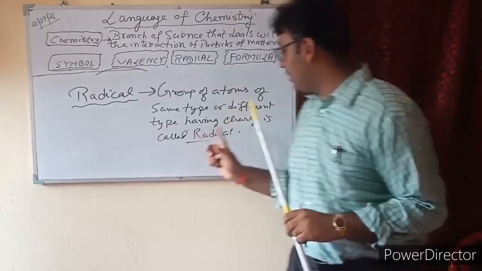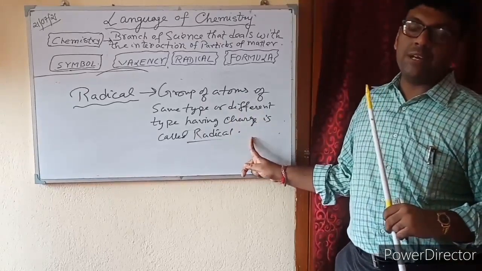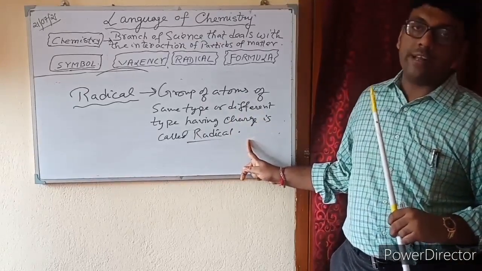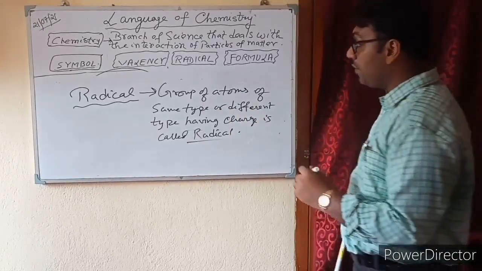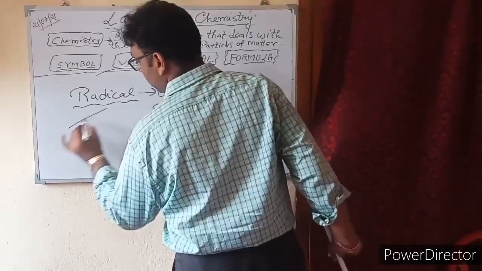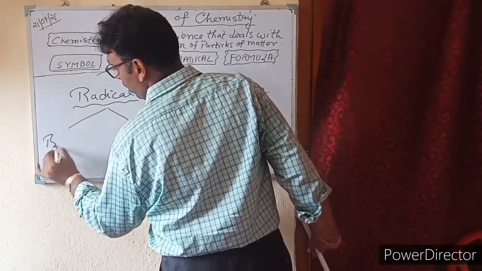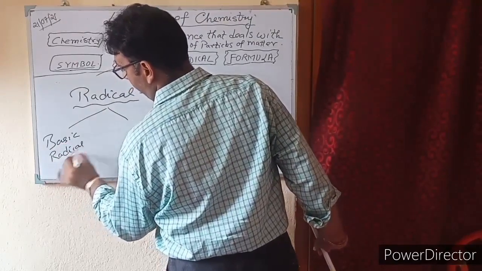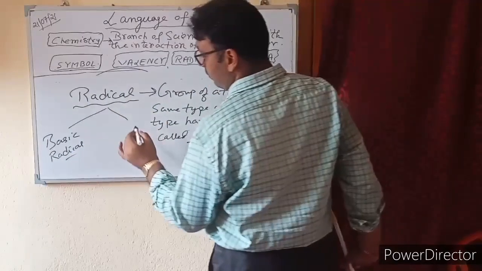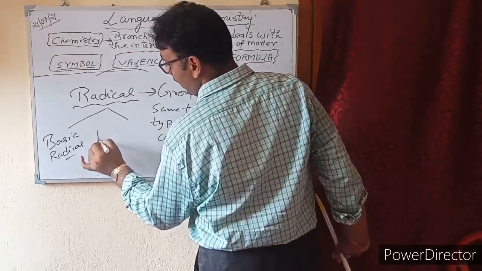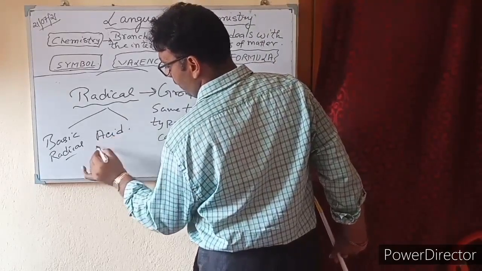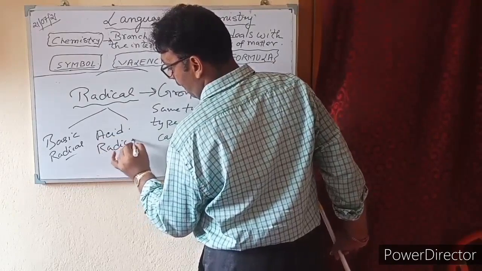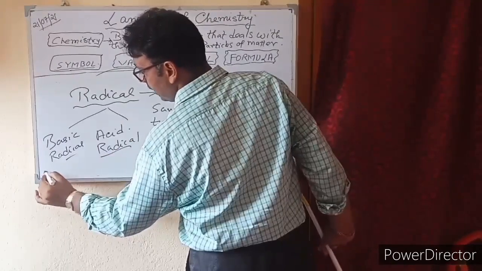Now having charge means either it becomes positively charged or negatively charged. So if the radical has a positive charge, then this is called a basic radical, and if the radical contains a negative charge, then this is called an acid radical.